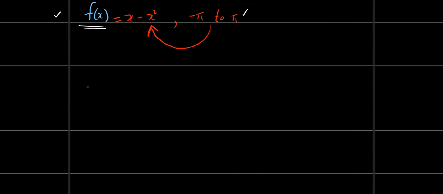Okay, so as always what we do is we write the length of the interval. So the length is 2L, and I told you to find the length you have to start from the last to the first. So we will end up with pi minus minus pi. So 2L will be equal to 2 pi, and that gives me L is equal to pi.